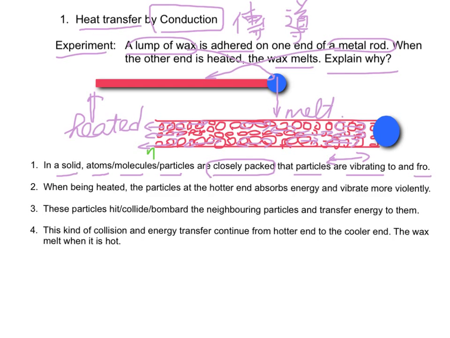When one end is being heated, the particles at the hotter end will absorb energy and vibrate more violently.